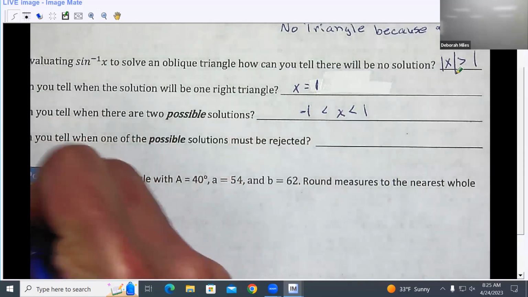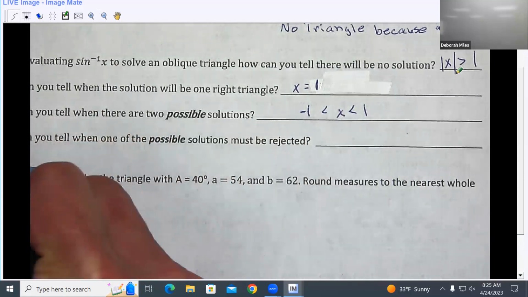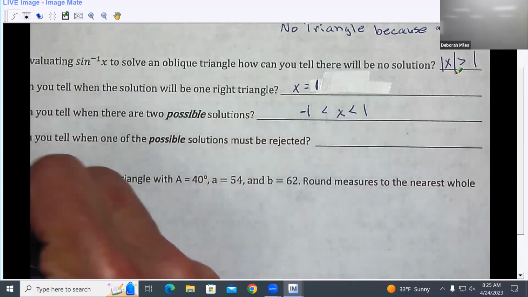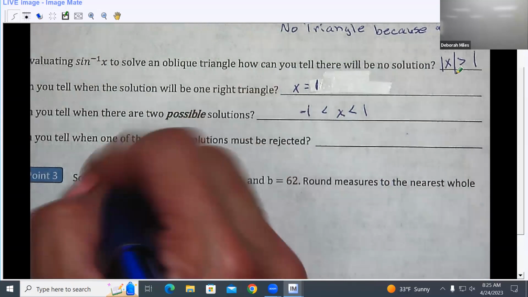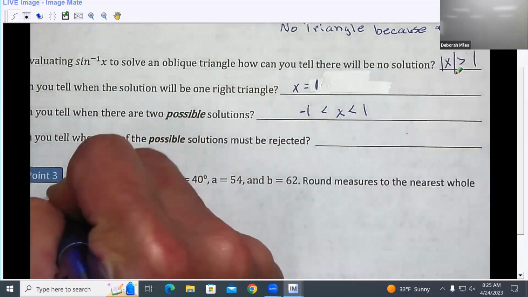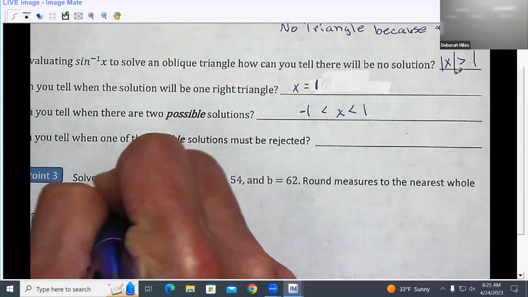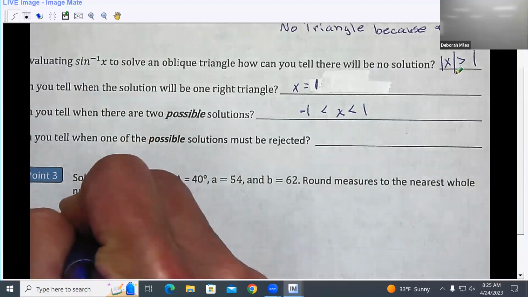So sine of angle B over B, which is 62, equals sine of 40 degrees over 54.